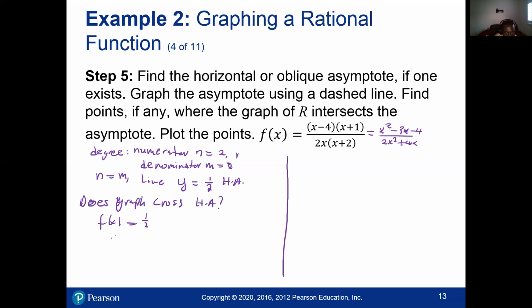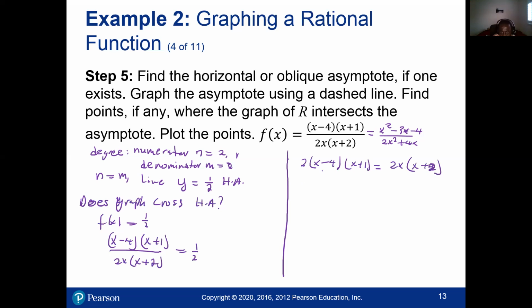So then we have x minus 4 times x plus 1 divided by 2x times x plus 2 equal to 1/2. So when we cross multiply, that's 2 times this. So it'll be 2 times x minus 4, x plus 1 is equal to 1 times 2x, x plus 2.